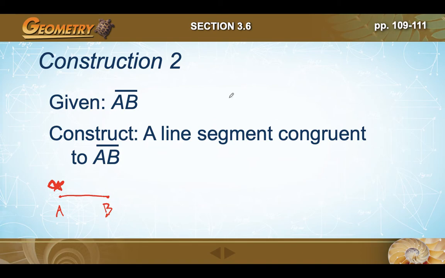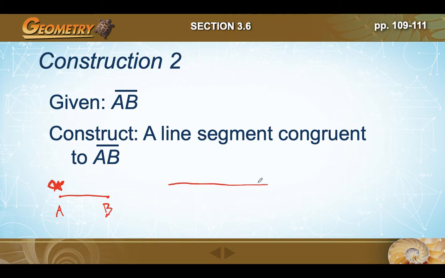All right. Let's get off of that segment there. Now, I've got line segment AB, and I want to draw another segment that is the same exact length as that one. So the first thing I'm going to do is take my straight edge and draw a segment that I know is longer than AB. Okay?